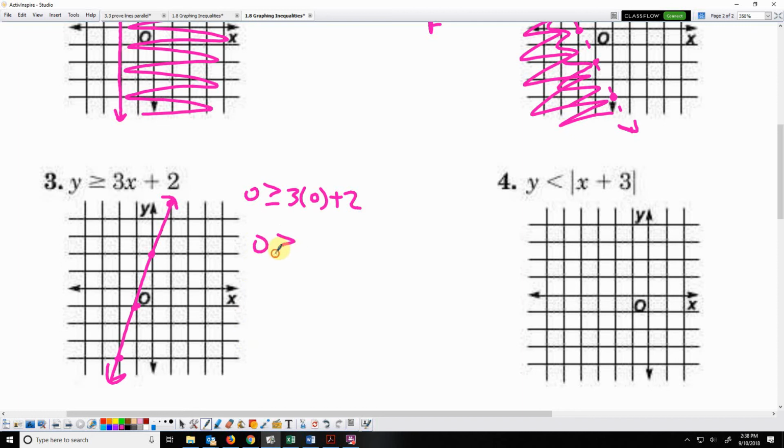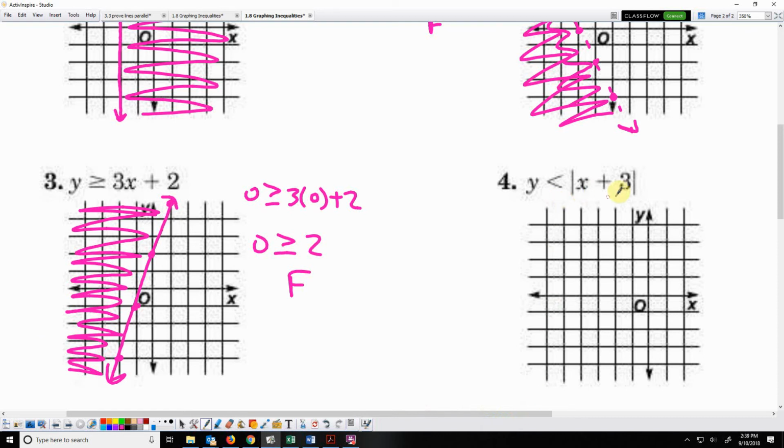So 0 is greater than or equal to 0 plus 2. 0 is greater than or equal to 2, that is false. So the origin gave us a false statement, so I shade the side that does not include the origin. Everything over here would have given us a true statement. So all this shaded region and everything on the line will satisfy that inequality.